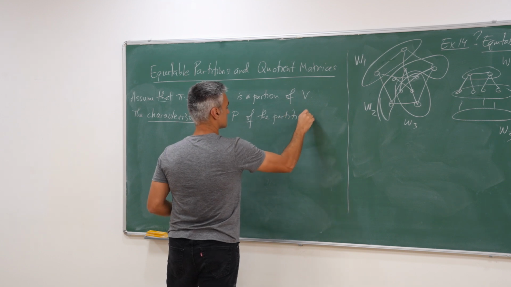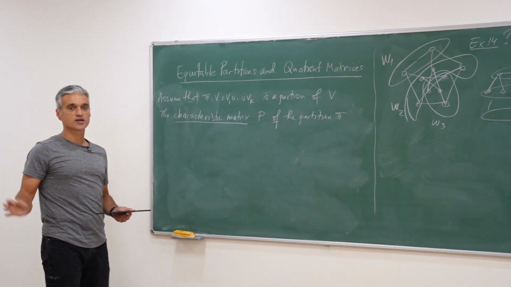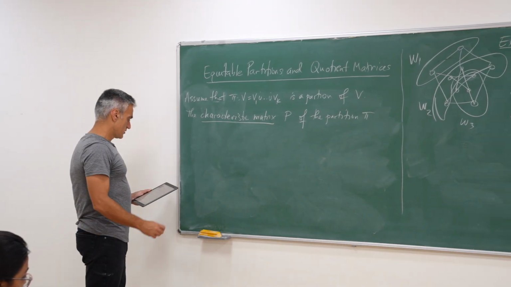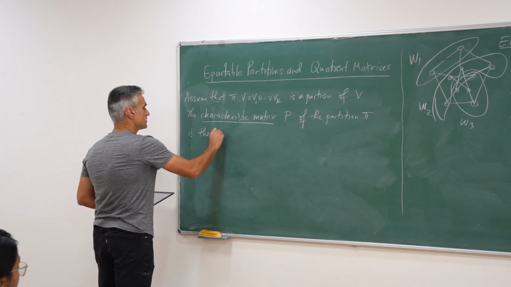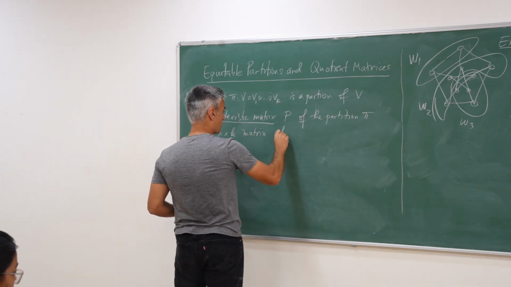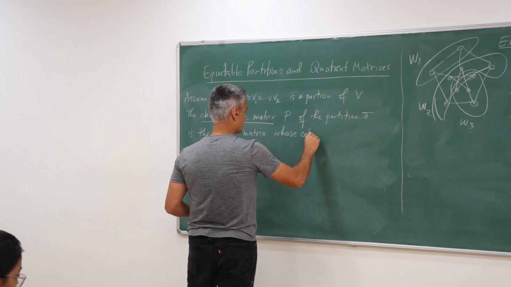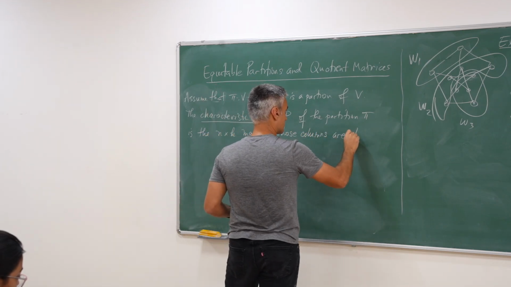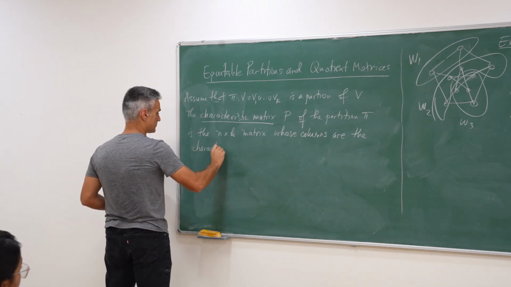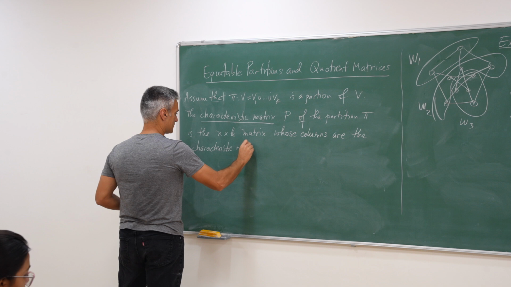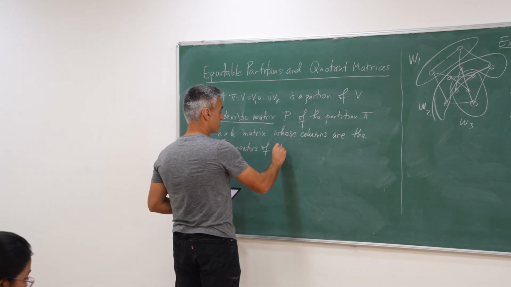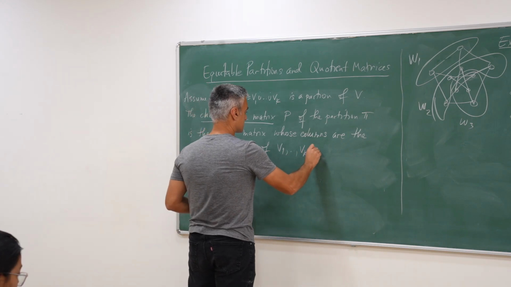At this point, the partition doesn't have to be equitable or anything. For any partition, you can define this characteristic matrix. It is the n by k matrix, so it's a tall matrix whose columns are the characteristic vectors of V1, ..., Vk respectively.